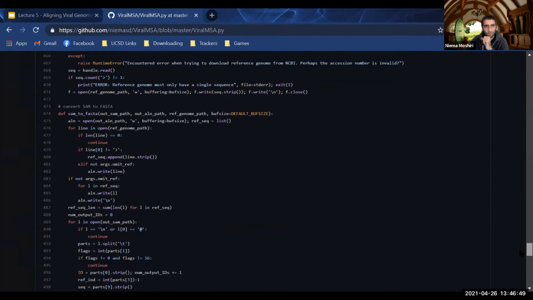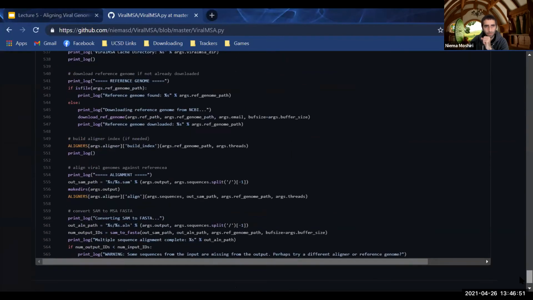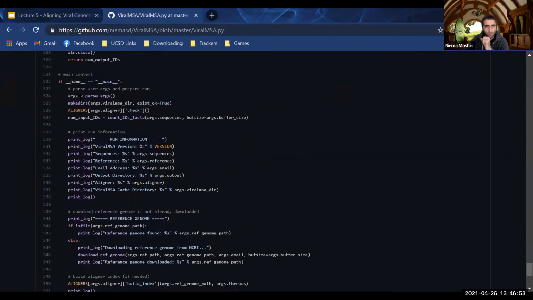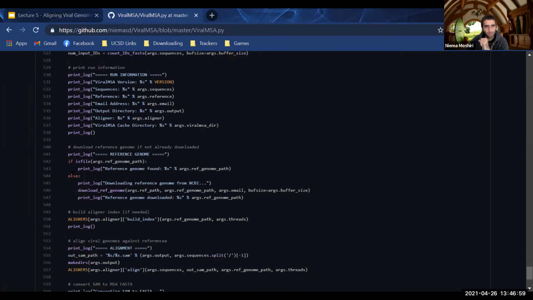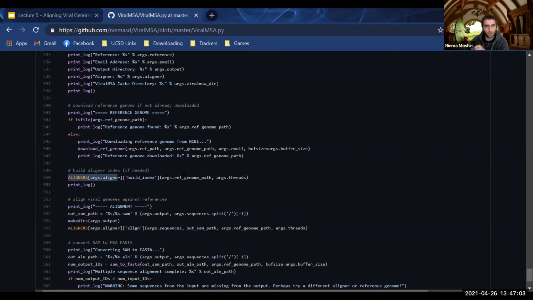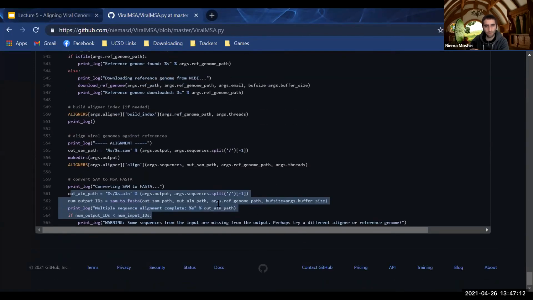So you parse the user arguments, and then you download the reference genome and set it up. You run the aligner, in this case Minimap2, and then you parse its output and concatenate it into a multiple sequence alignment.